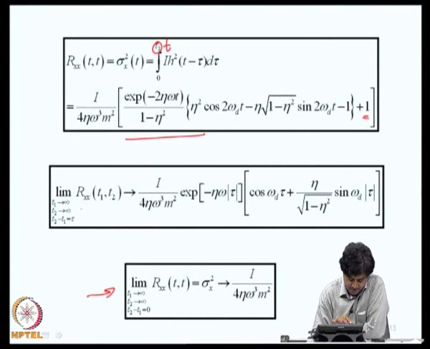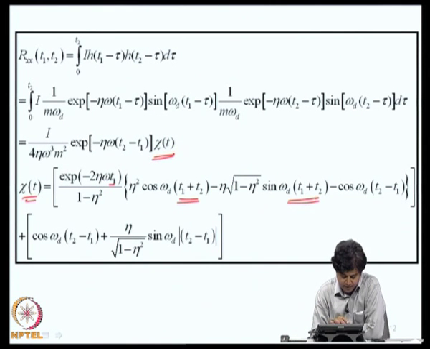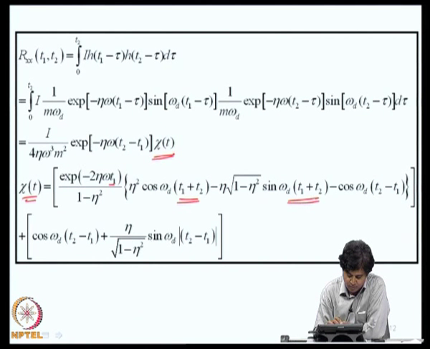How about autocovariance? You now take t1 to infinity, t2 to infinity, but t2 minus t1 to be tau. If you put that limit, what happens? Here as t1 goes to infinity, the multiplier to these terms inside this brace goes to 0, whereas the terms inside the second bracket have sine and cosine, and also they are functions of t2 minus t1.